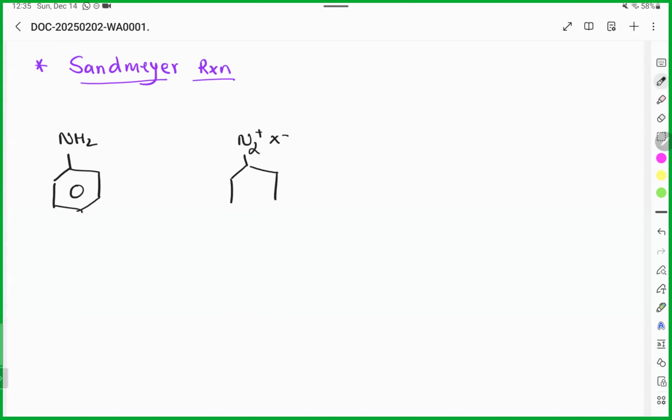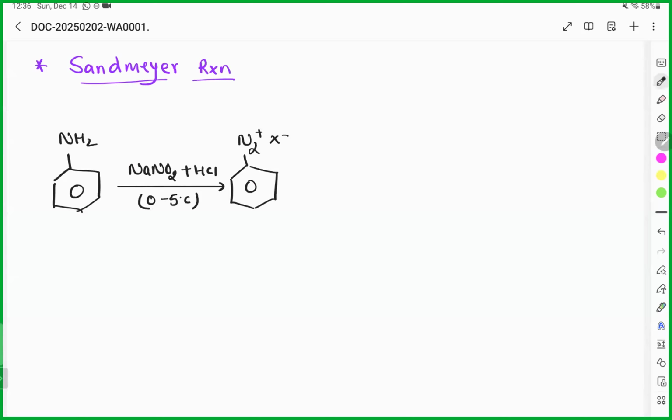NaNO2 and HCl at 0 to 5 degrees Celsius. Temperature is really, really important. So you will form diazonium salt.